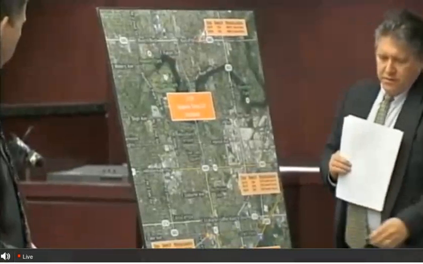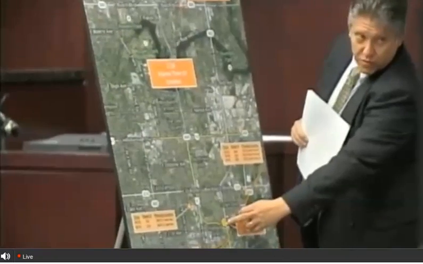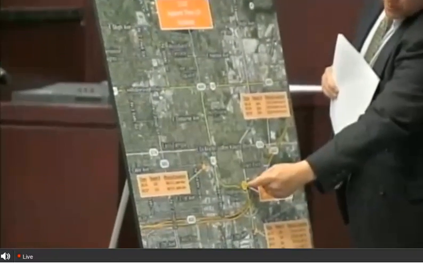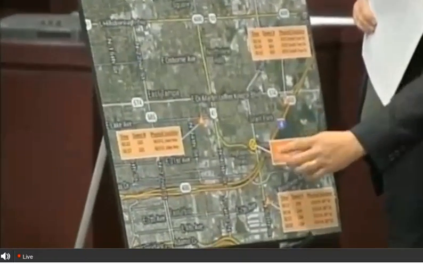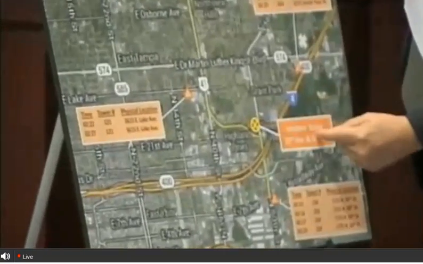The circle is the actual location, and then of course, as we talked about prior, this is the line indicating this rectangle, and there's your incident right there.